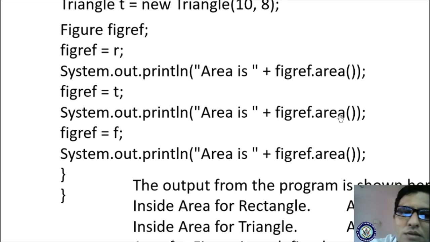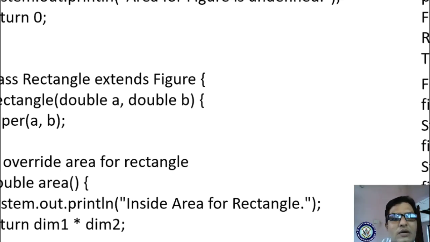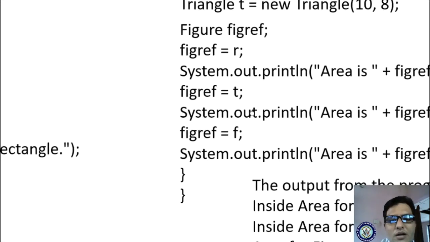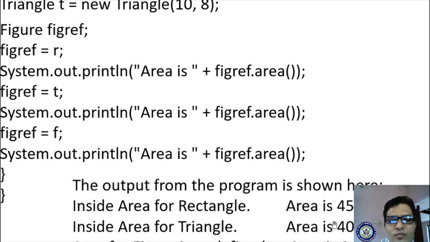So the output is 40. Once again I am taking the Figure reference variable, now it points to the Figure. So it is also possible; if it is calling the area value, it is undefined, right? So it will return the value as area of figure is undefined. Here you are seeing the output. Area is 45, rectangle length into breadth 9 into 5, area of a triangle 40.